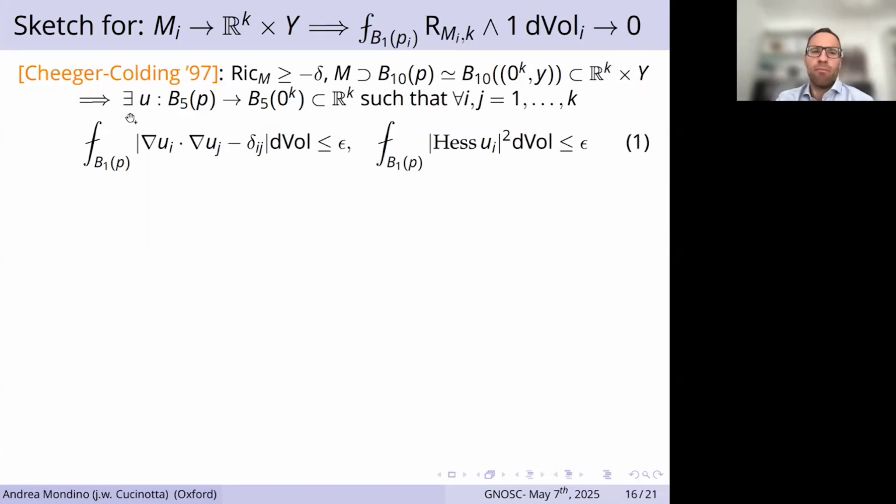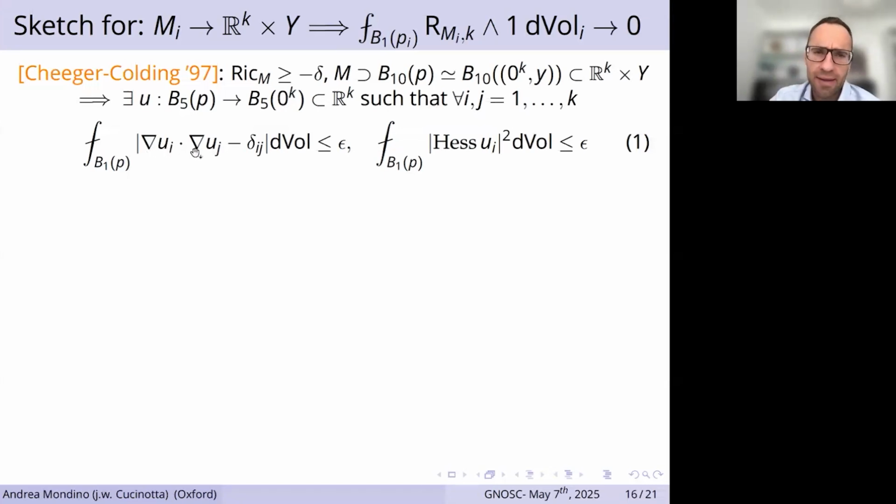then there exists some Gromov map u from the ball of radius 5, say the ball of half the radius, inside the manifold, with values into the ball of radius 5 in R^k, in the Euclidean space of dimension k, such that the gradients of this function u are almost orthogonal. So u_i and u_j are the i-th component and the j-th component.